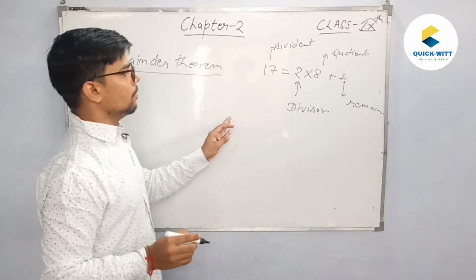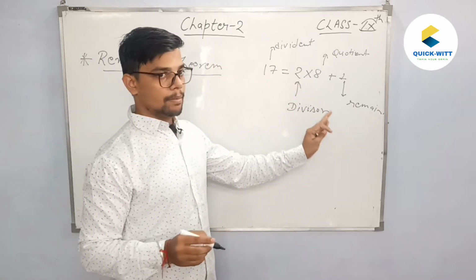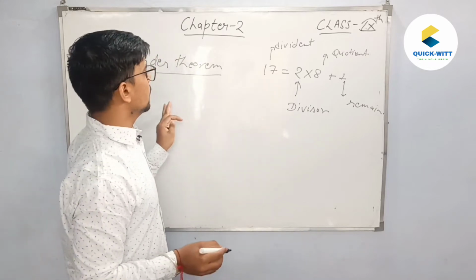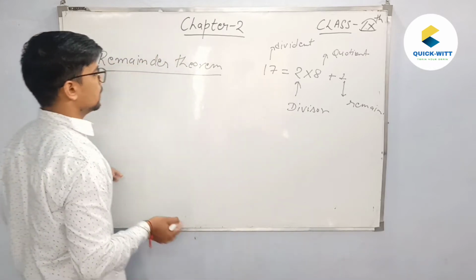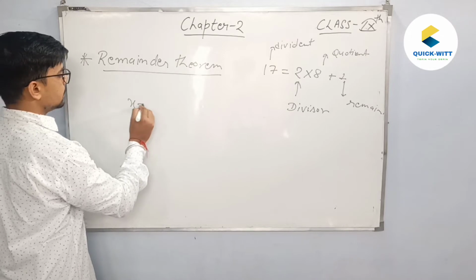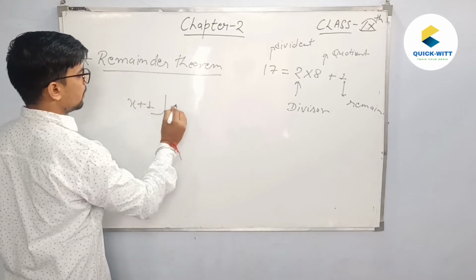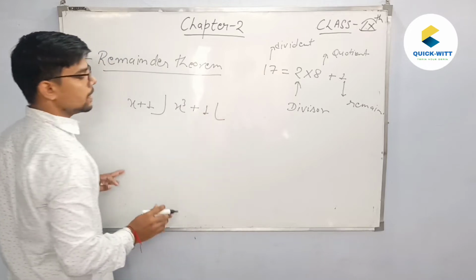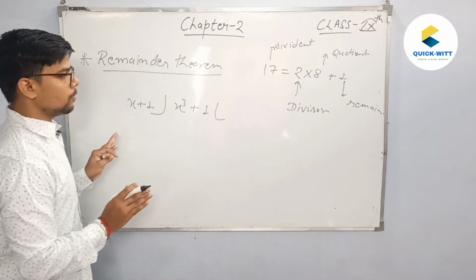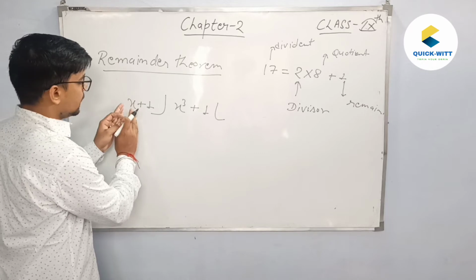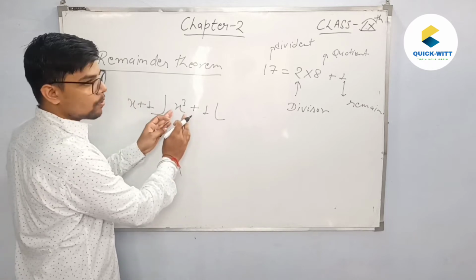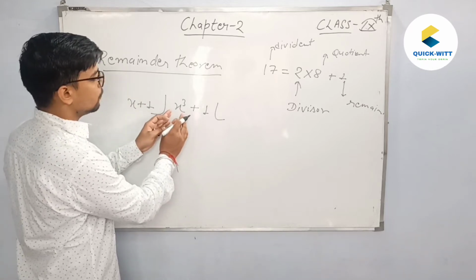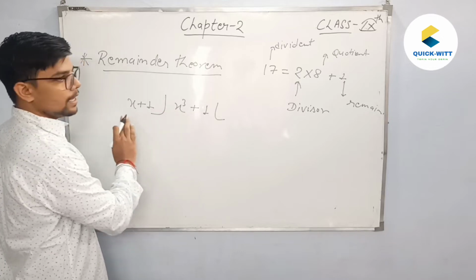In the same way, whatever we do in numbers, we can also do in polynomials. Like you can say, if I divide x cube plus 1 by x plus 1, then firstly what will I have to do? I have to make the power, the degree of this polynomial, equal.